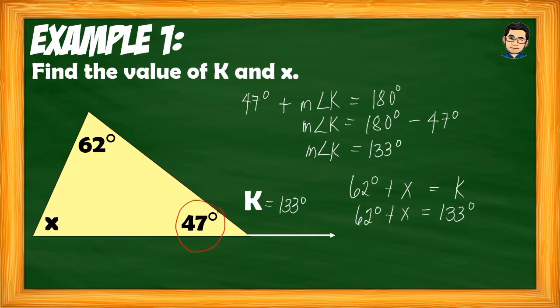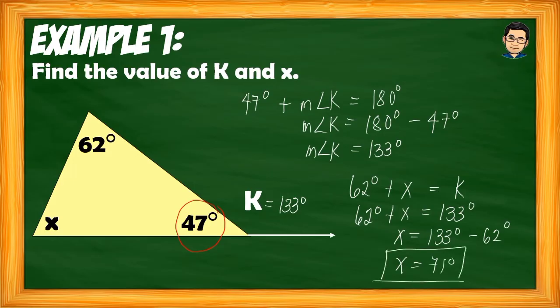Next, using addition property of equality, we will add negative 62 to both sides. So, magiging 133 degrees minus 62. 133 degrees minus 62, our answer will be 71 degrees.